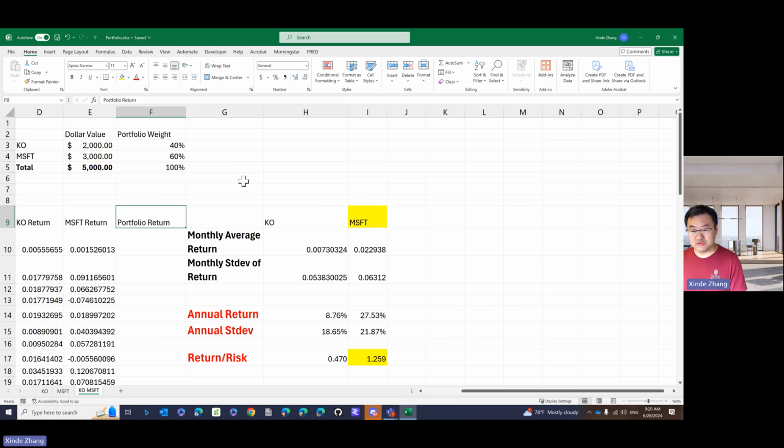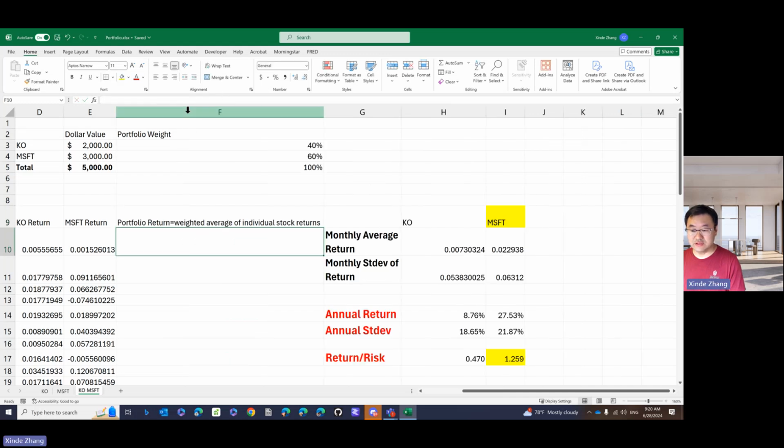Let me write the formula for the portfolio return down here. The portfolio return is the so-called weighted average of individual stock returns. How are we going to do the weighted average?